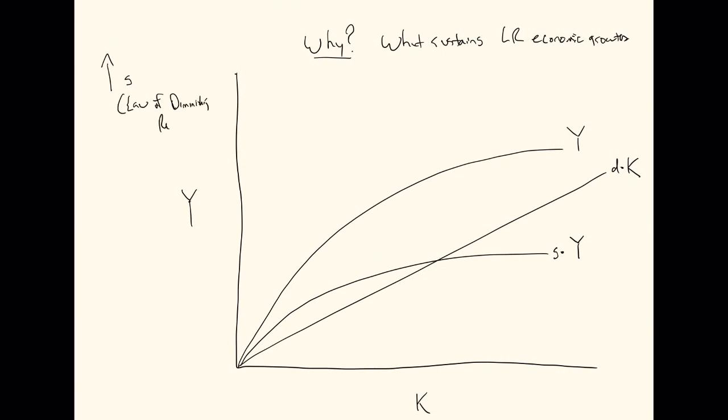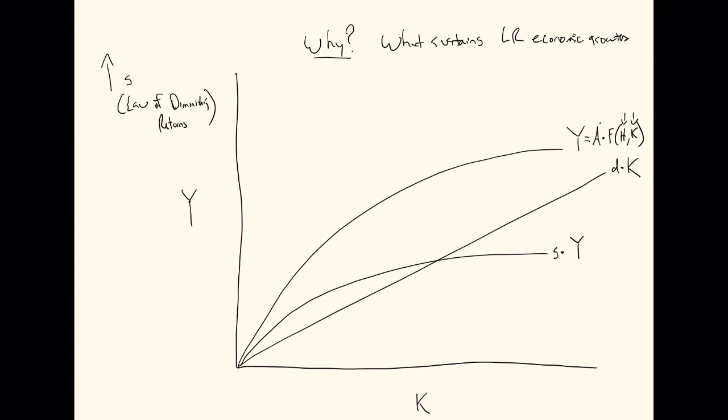You can't sustain growth in the long run simply by increasing your savings rate. If we think back to the equation for our production function, we have A, which is a factor of our technology, times the function of human capital and physical capital. And both of these variables succumb to this law of diminishing returns, human capital and physical capital.